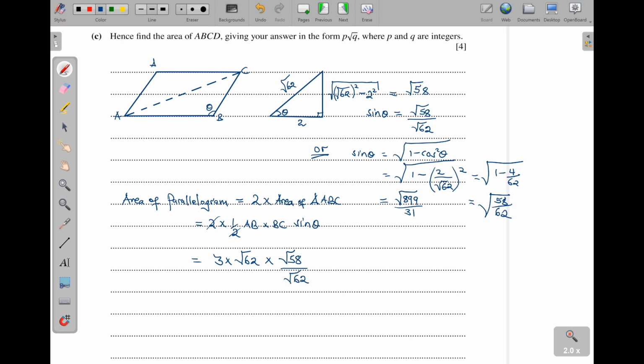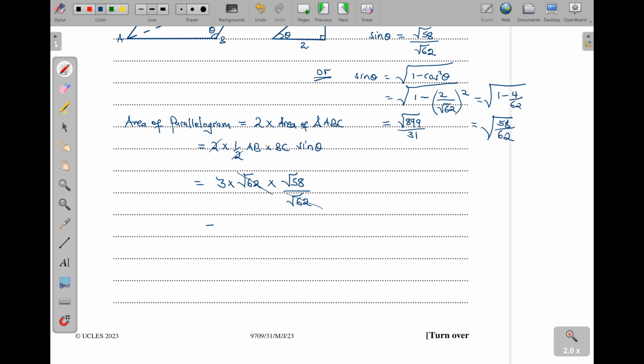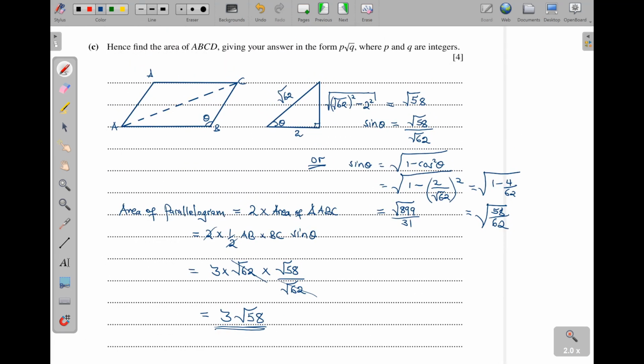Do you see that root of 62 cancels? So we remain with 3 root of 58 as our final answer. They say we should write our answer in this format, so our P is 3 and our Q is the number under the square root, which is 58.